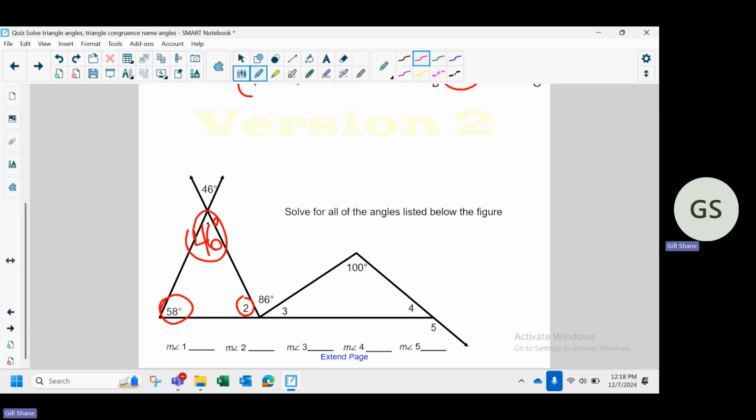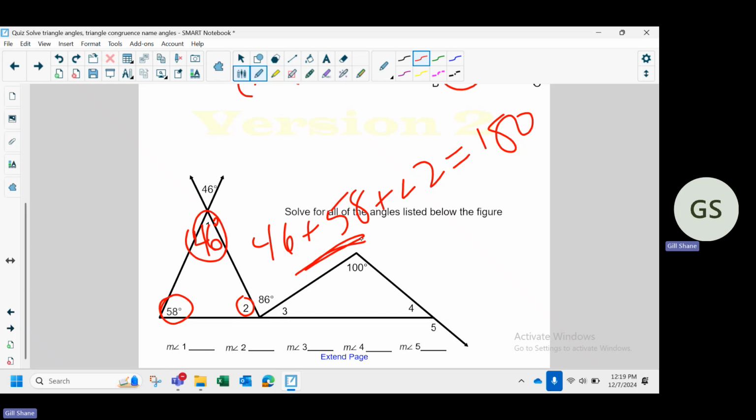So to find the measure of angle 2, I just do that whole adding up to 180 thing. 46 plus 58 plus angle 2 equals 180. You add these two together and you subtract it from 180. I'm taking some shortcuts. That's 104. So 76 would be angle 2. All right, so there's your answer there.